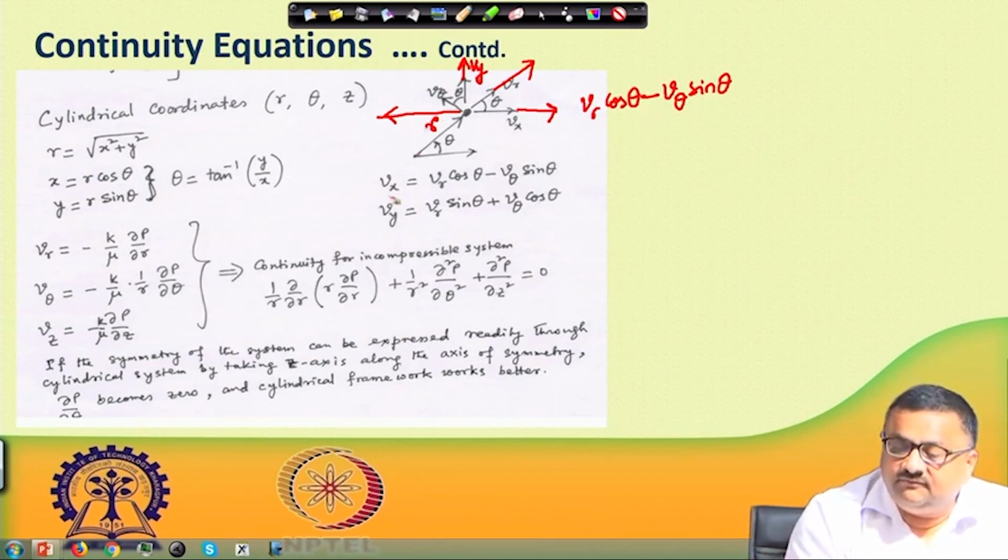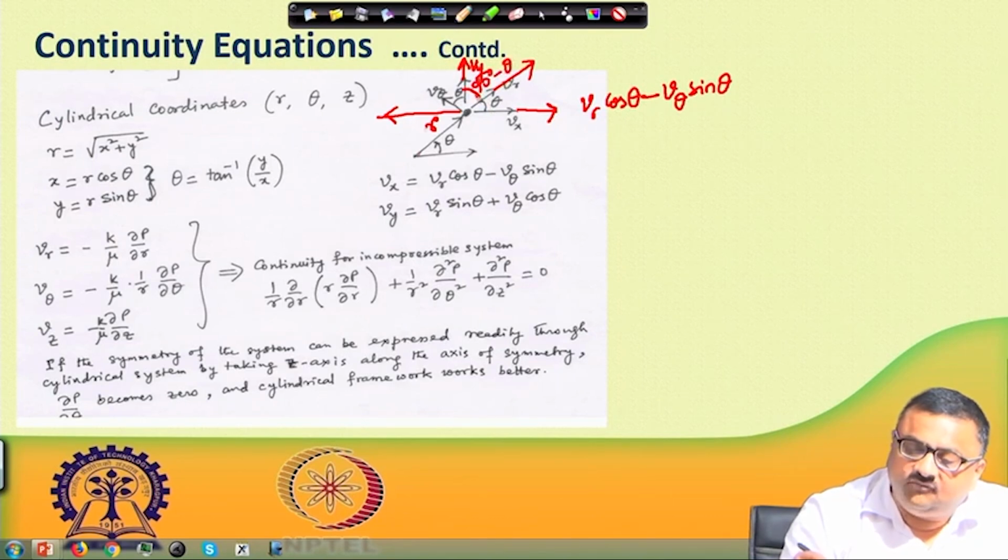So, that is exactly what we have written here: V x is equal to V r cos theta minus V theta sin theta. If you do the same exercise with V y, you have this angle as 90 degree minus theta.